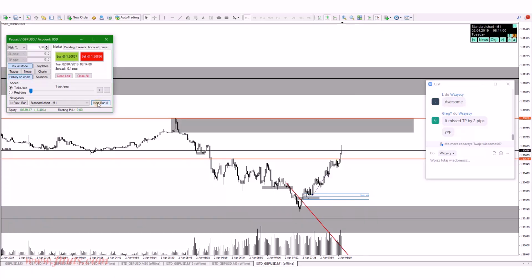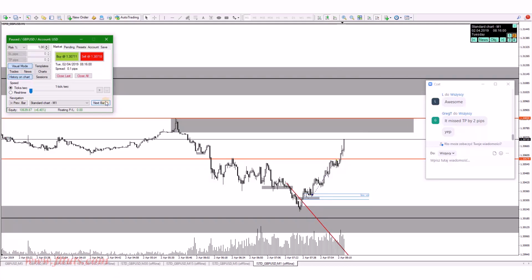Yeah, still some pips. Here is also another supply, but price came here with very high volume. I believe it will be broken. Too many supply zones. Strange. Oh yes.